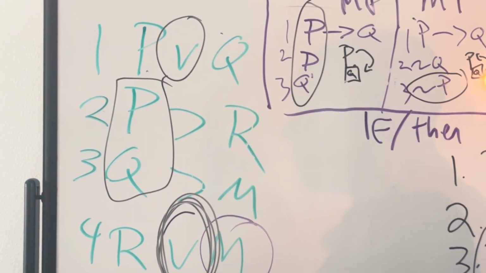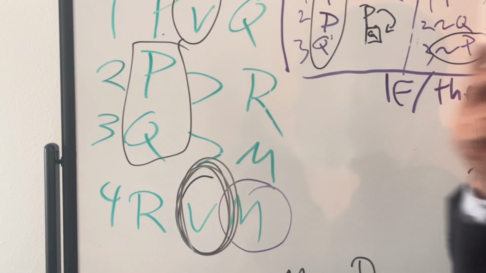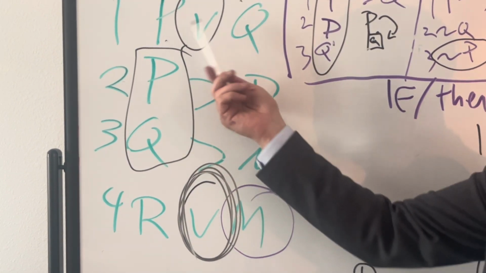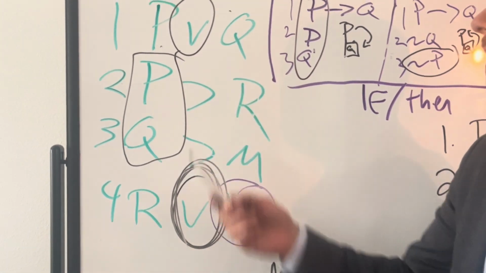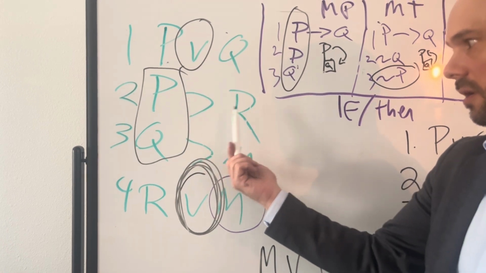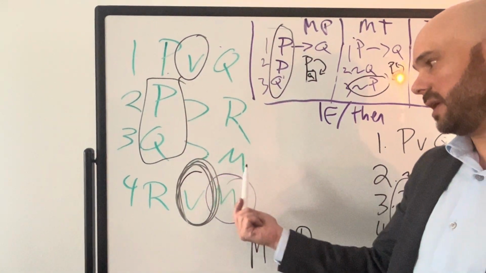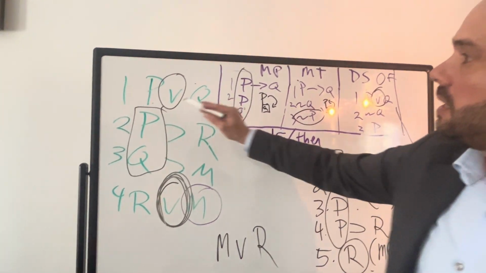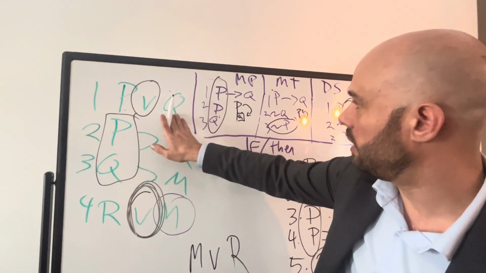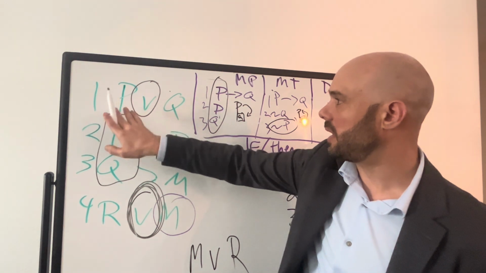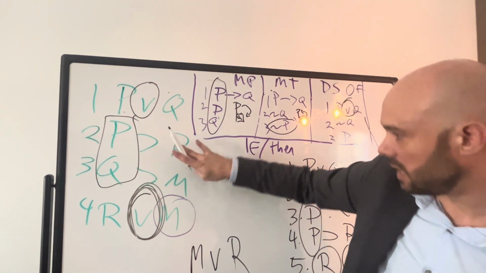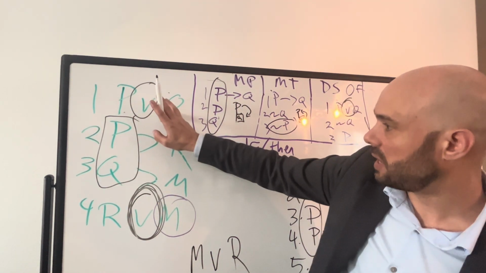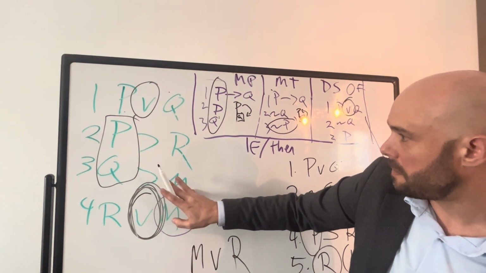Either P or Q. Now think of the language. Either P or Q. Okay, one of these is the right, they're saying. If P, then R. If Q, then M. Okay, so what happens then is, because we only can have one or the other, and we know that if P happens, then R happens. And if Q happens, then M happens.